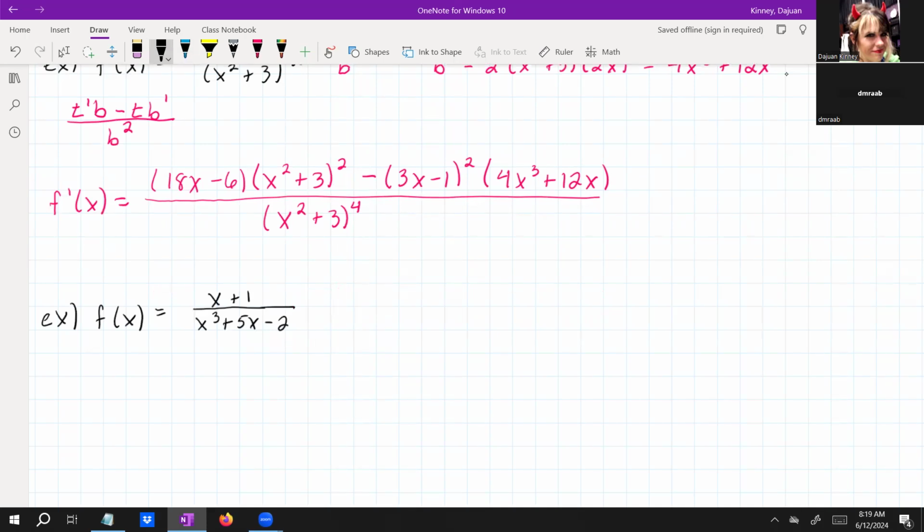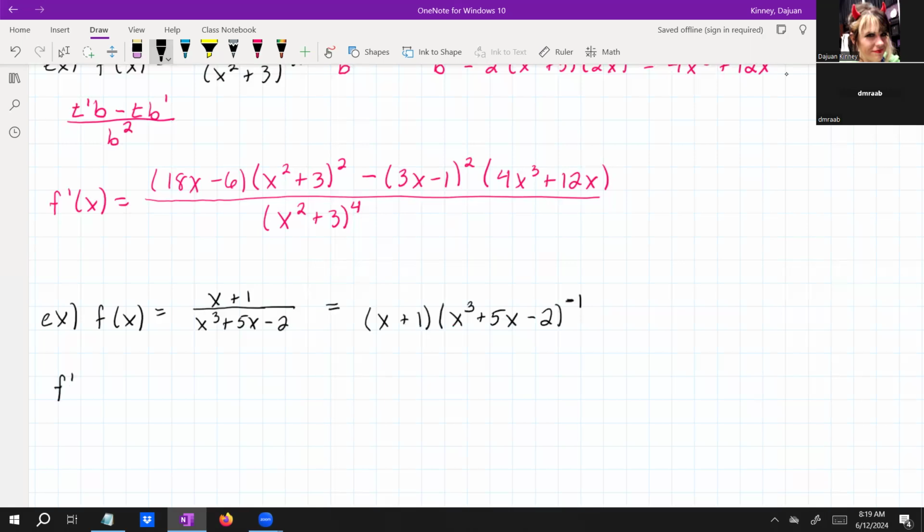This is a relatively straightforward quotient rule, but I can change this into a product rule if I so choose. As a challenge, if you want to go back and do some of the other ones from the previous section as product rules instead of quotient rules, please feel free. So I'm going to write this, bring my denominator up, and take it to the negative first power. Now I have a chain rule problem and a product rule problem.